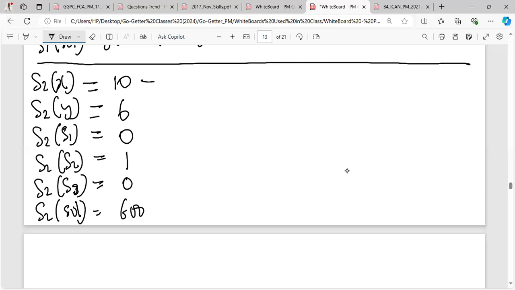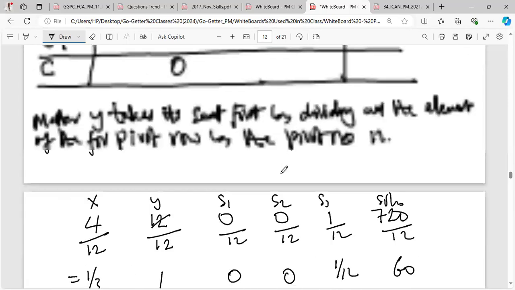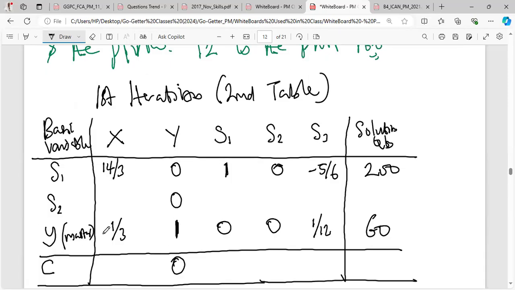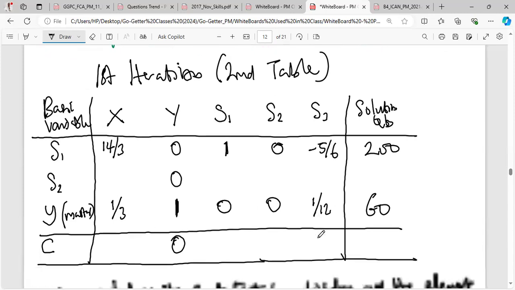So old minus the new. What is the new? All you need to do is bring this master Y, all of these: 1 over 3, 1, 0, 0, 1 over 12, 60.